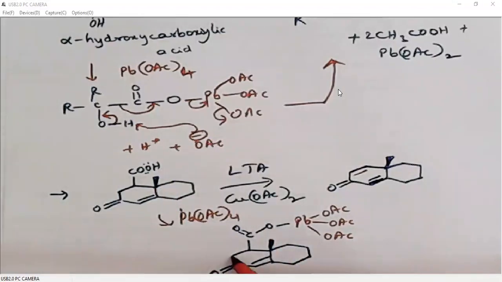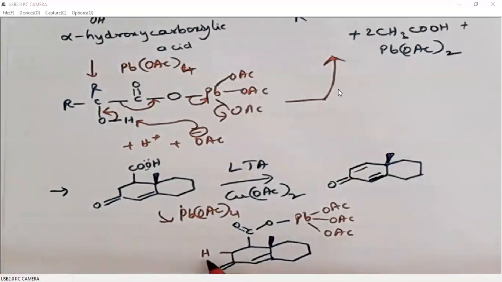Then what happens? Because this carbon is alpha carbon to the carbonyl, we can easily remove this proton. When we remove this proton, we generate a negative charge here, and that negative charge is stabilized by the carbonyl. So this proton is an acidic proton. Hence, the OAc minus generated in the first step will pick up this proton, generating a negative charge.